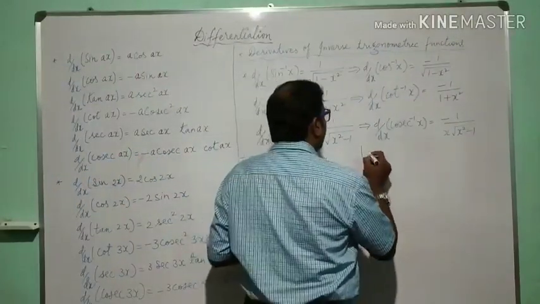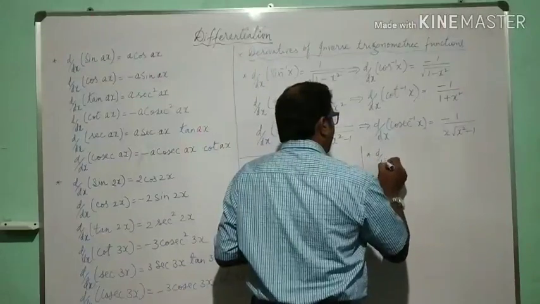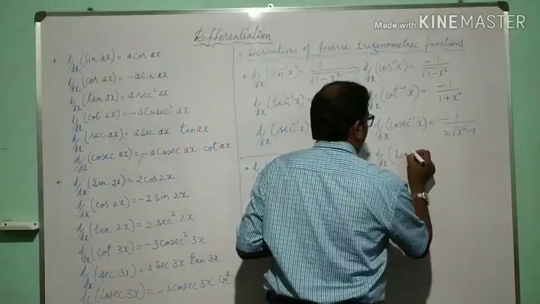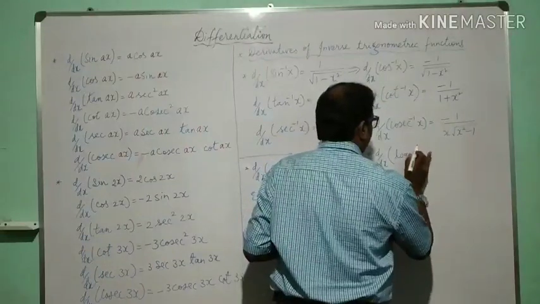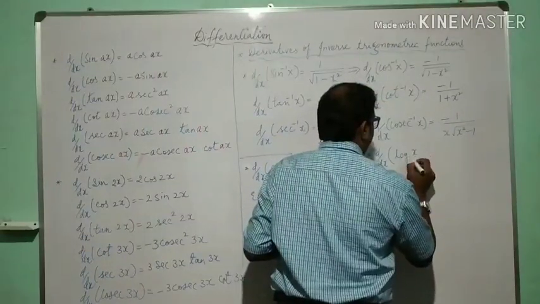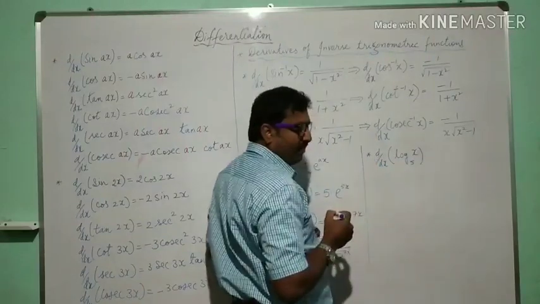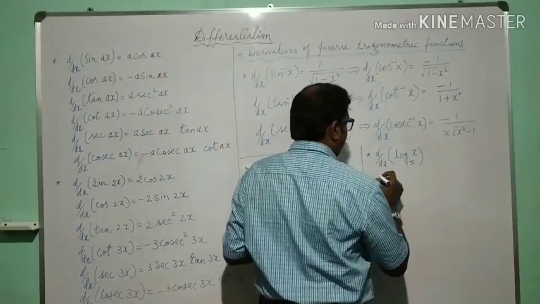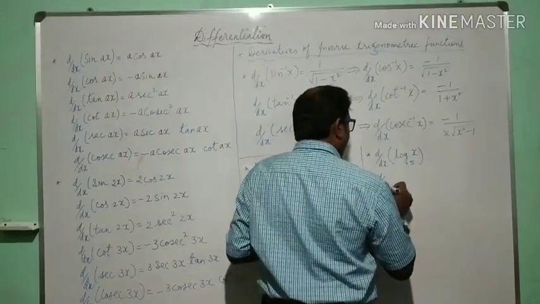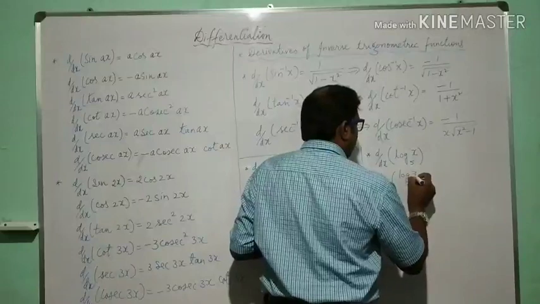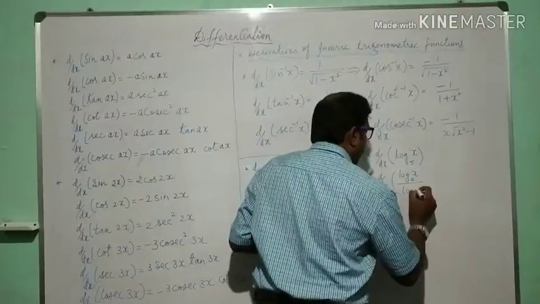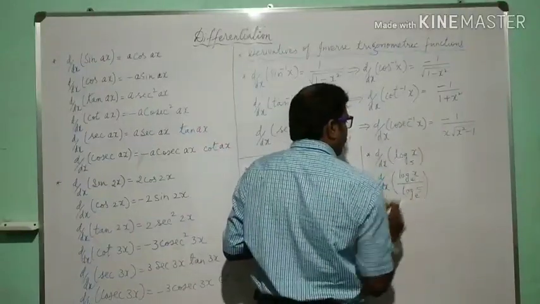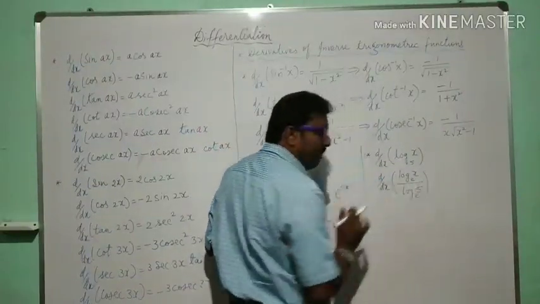The last one, d by dx of log x base 5. First I will rewrite log x base 5 as log x base e divided by log 5 base e.